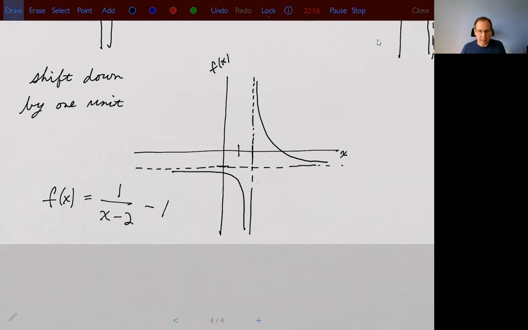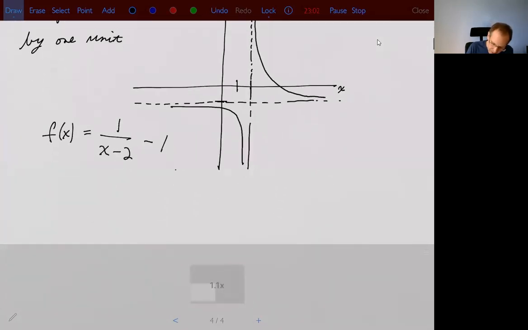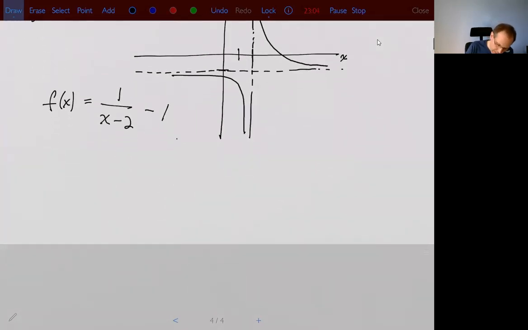And actually, we can see from the picture, right, what the horizontal and vertical asymptotes are. So if you look at this picture, then we can see we have a horizontal asymptote at y equals -1.